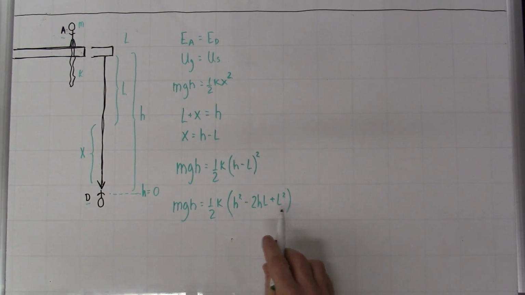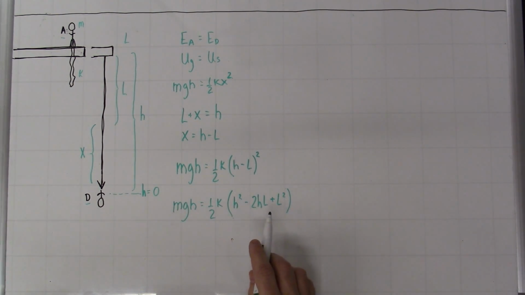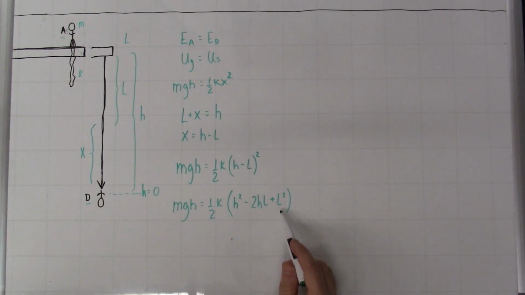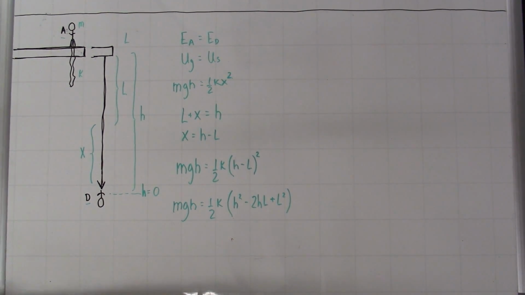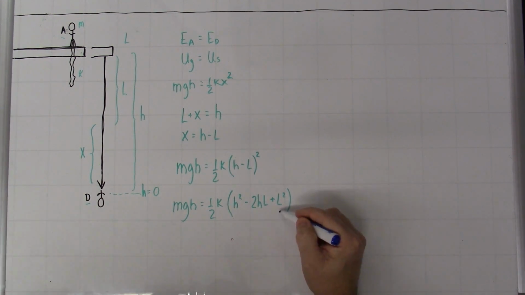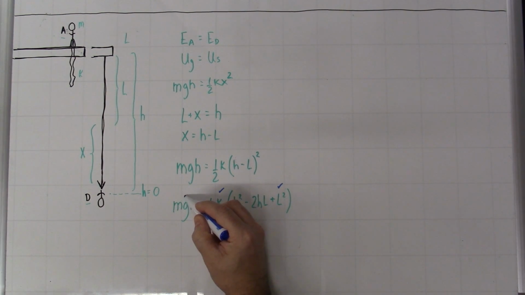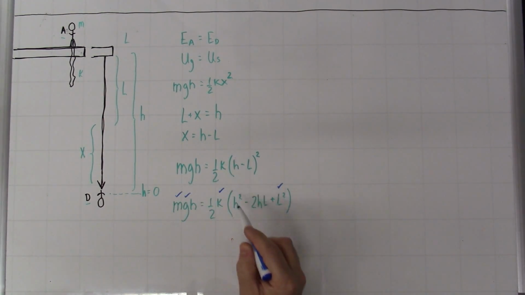So now what we have here is an algebra problem where we have just one variable that we don't know. If we're given L, the rest length of the bungee, we can plug that in. If you look at the problem, what do we know? We're given L, we're given the spring constant, we know the gravitational field strength, and we know the mass.